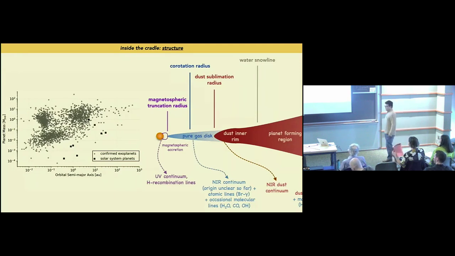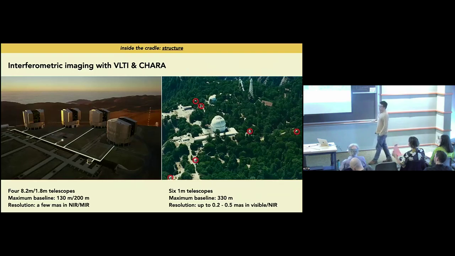Okay. So let's dive into the inner disk observations. It has a long history, but what made it possible is interferometric imaging. These days, it's done by VLTI interferometry and CHARA. VLTI, as you can see here, has four 8-meter telescopes.